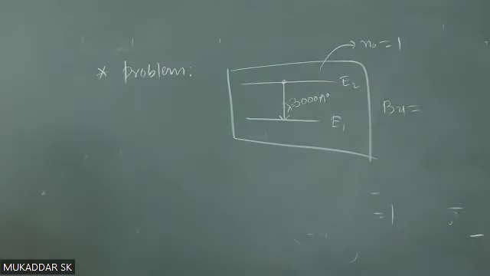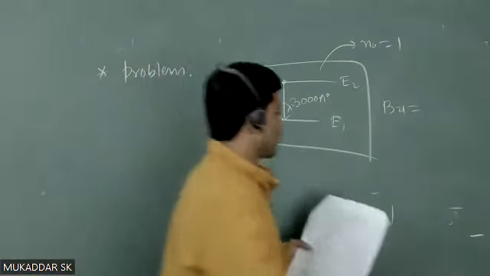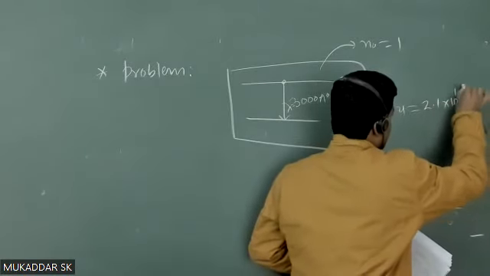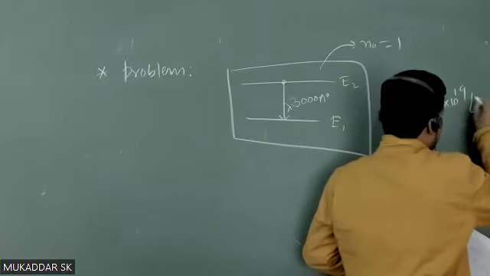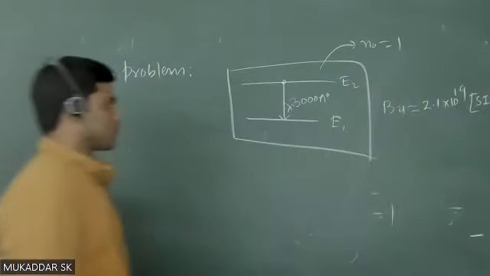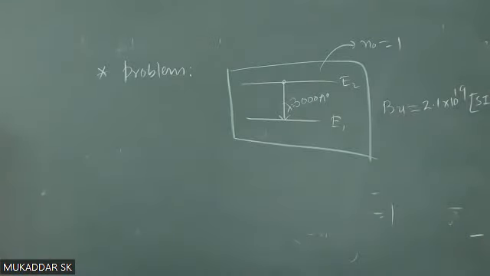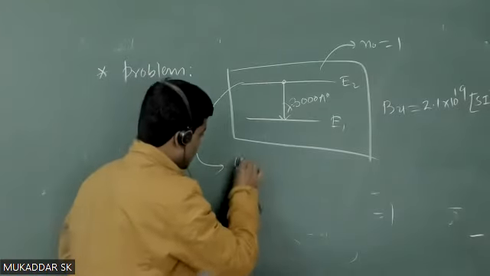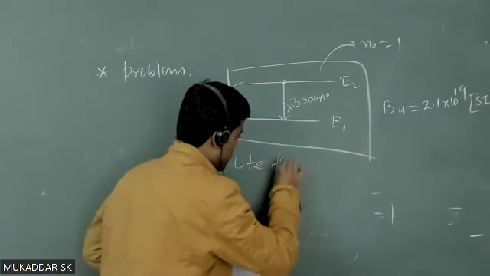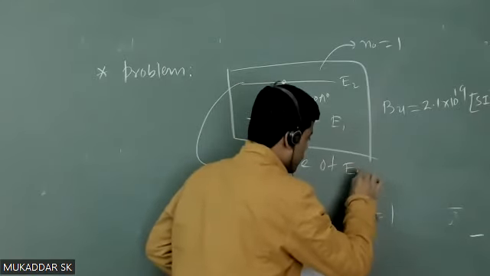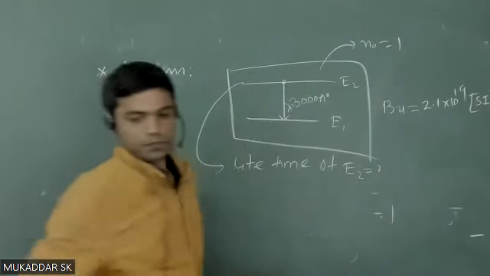Coefficient of stimulated emission, that is given as 2.1 into 10 to the power 19 in SI unit. In SI unit. Okay. Then what you have to calculate? You have to calculate the lifetime of E2.